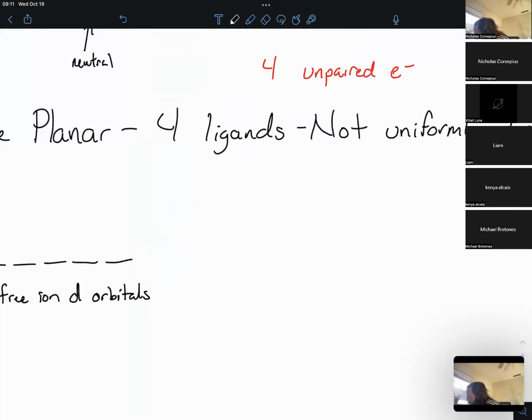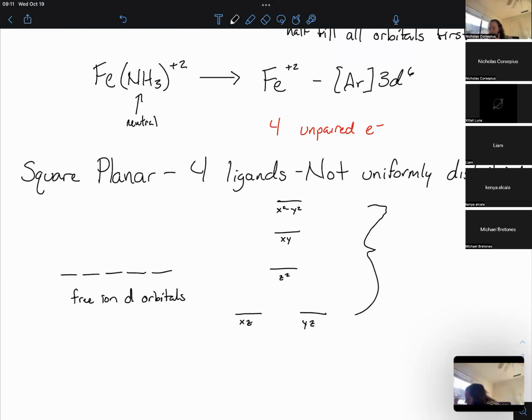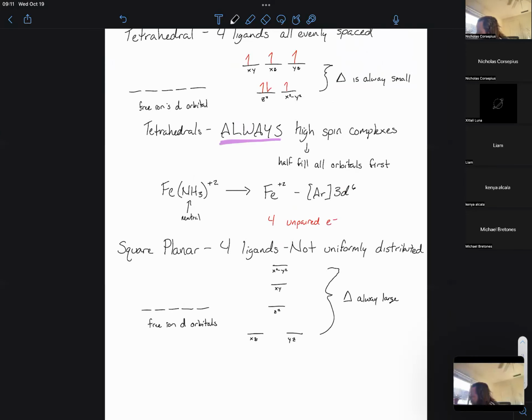So now we have 1, 2, 3, 4, 5. And again, it doesn't really matter what the names of these are. For these square planar complexes, because those ligands are not uniformly distributed, the crystal field splitting energy is always large. So kind of the exact opposite of what we said for our tetrahedrals, where we said that they were always small.